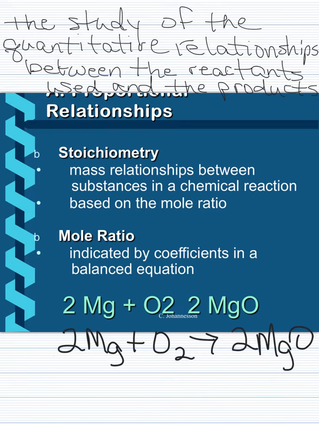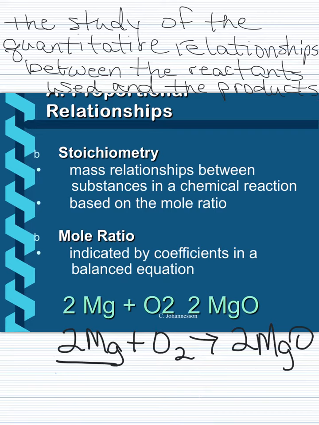And so my mole ratio of magnesium to magnesium oxide would be 2 to 2. Magnesium to magnesium oxide. All right.